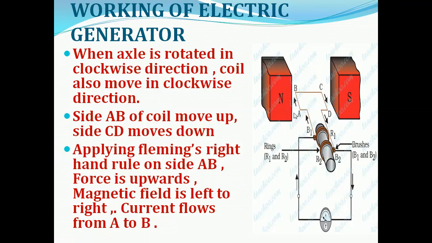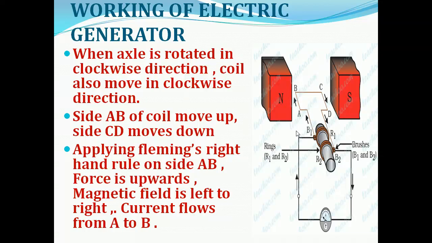So the side AB will move upward, as you can see from the arrow mark, and the side CD will move downward.